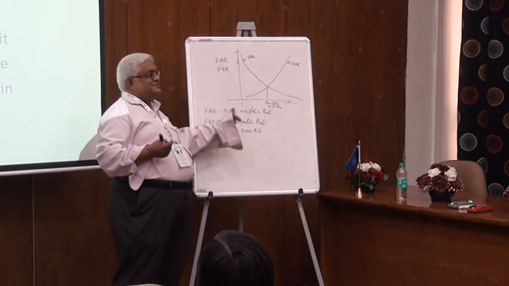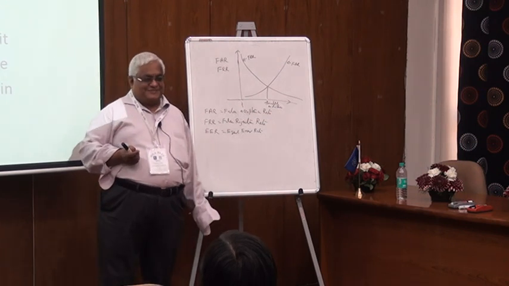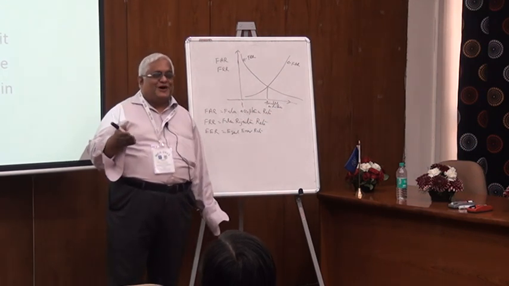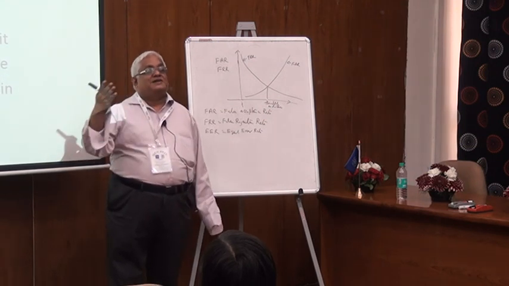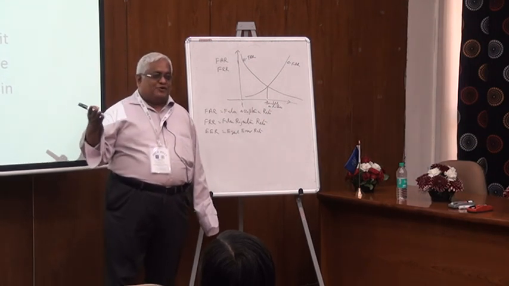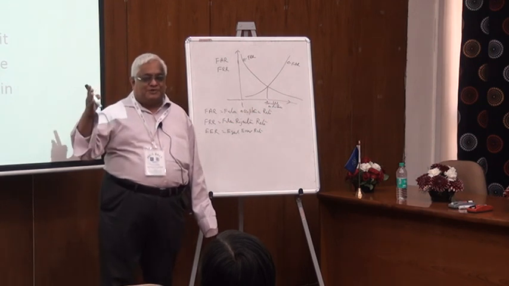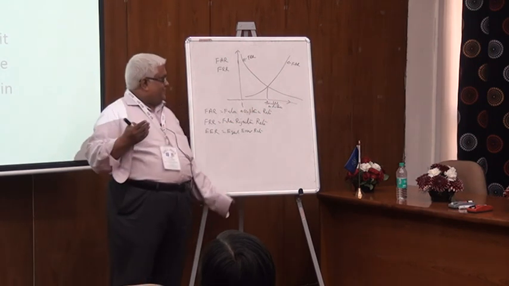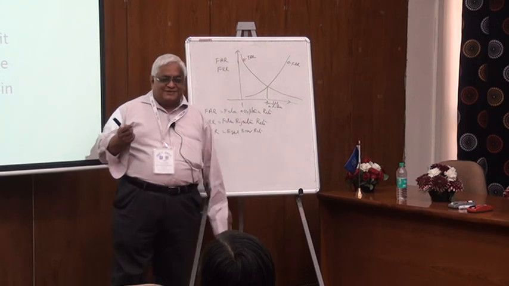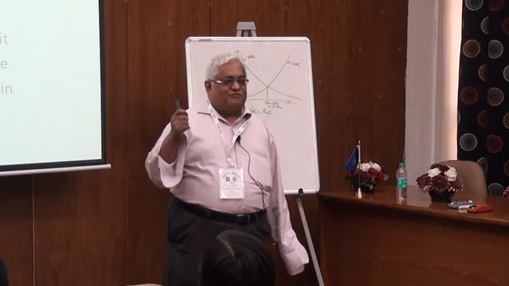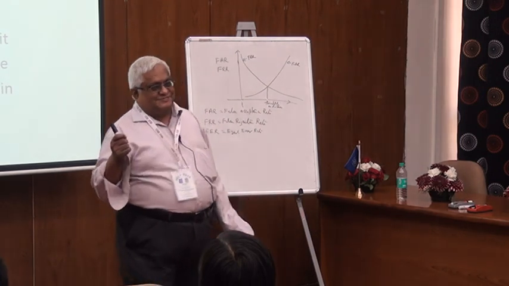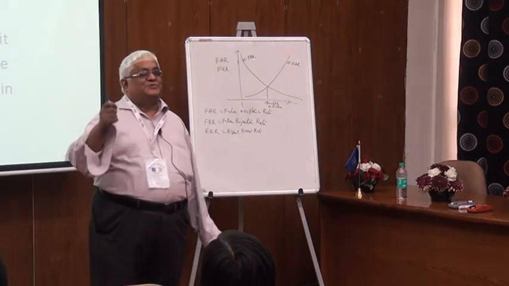Now let us look at this FAR. How many persons do you have outside this defense establishment? You have billions of persons, crores and crores of people outside this establishment. Can you actually get a good estimate of false acceptance rate?